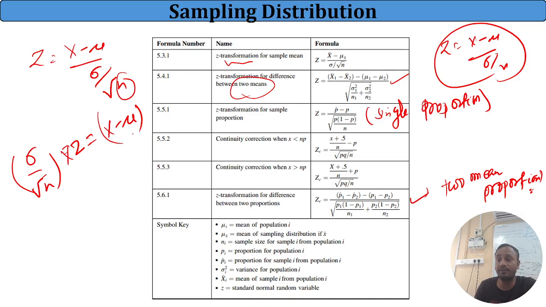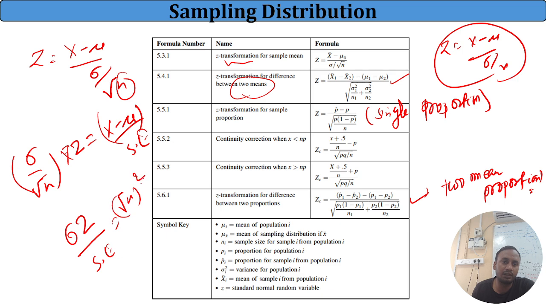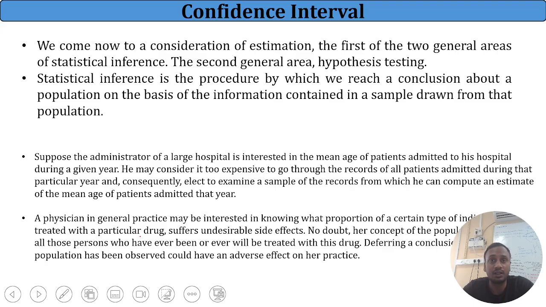Here x minus mu is nothing but the standard error. So n can be calculated similarly. This is the method to calculate the sample number or sample size.